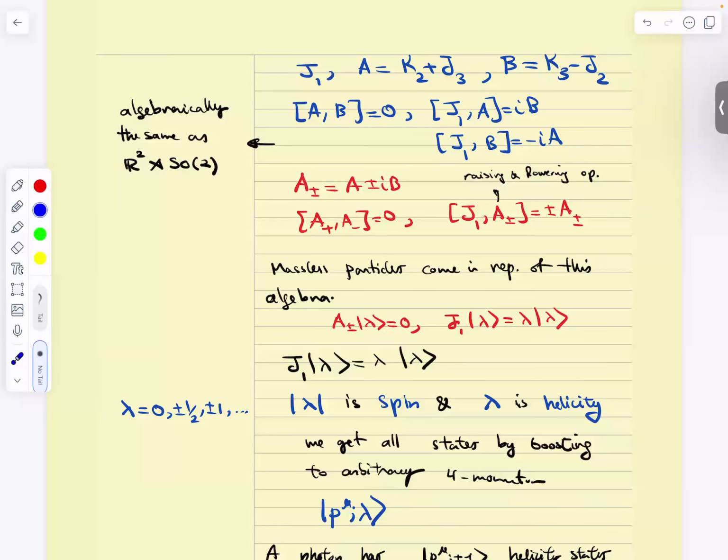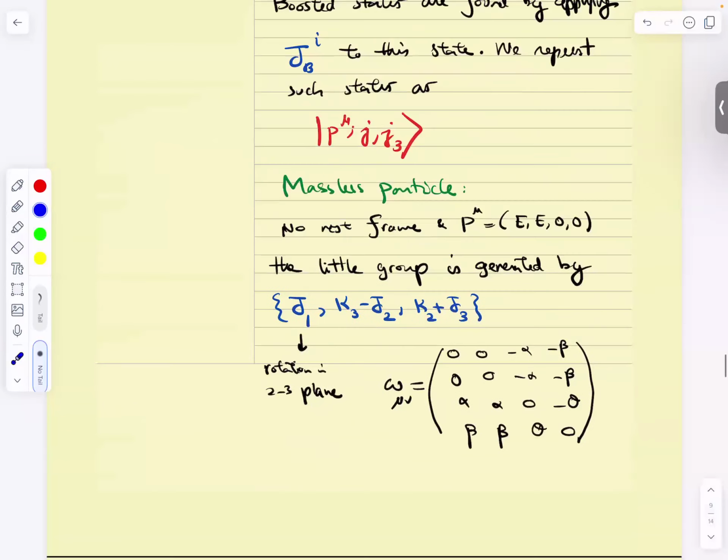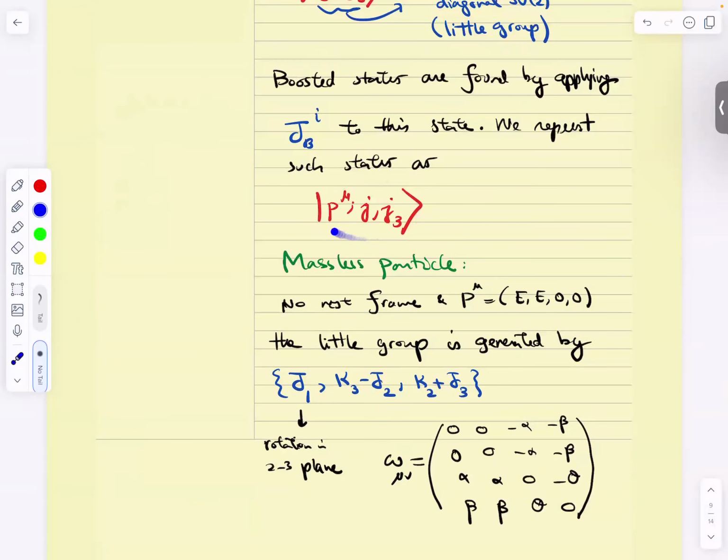The absolute value of lambda is called spin. Lambda has a name. It's called helicity. So previously, the way we labeled our kets for massive particles was P mu and SU2 representation, J and J3.